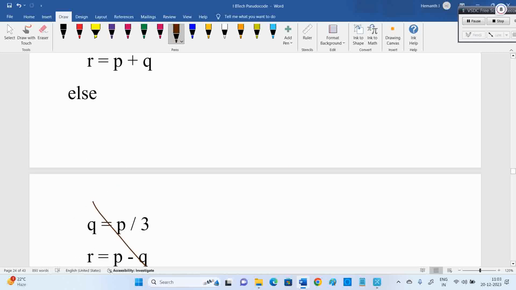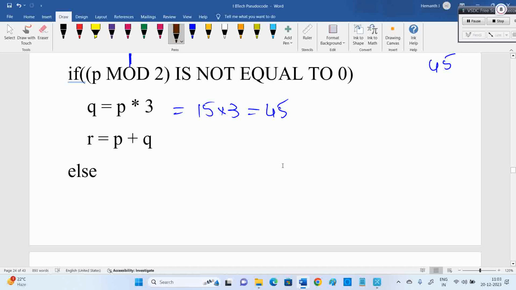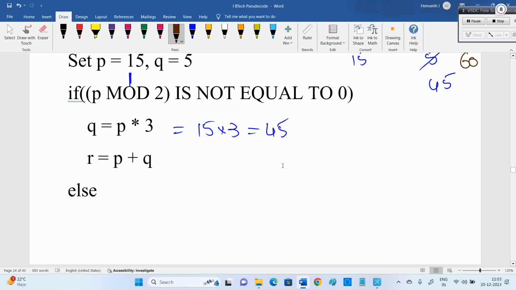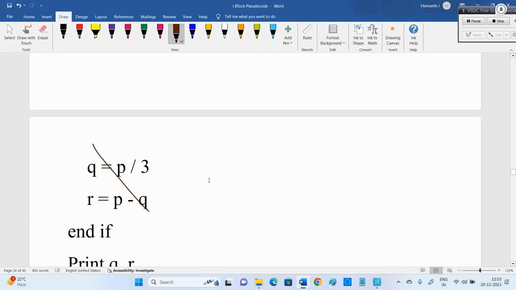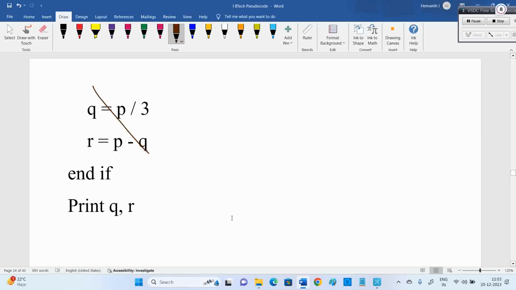Because you already entered into if. Why are you entering into the else condition? Some people are blindly doing it: sir, P is 15, Q is 45, R is 60. Now they are doing the next step, P divided by 3. Okay, 15 divided by 3, they keep doing that. No. Once you enter the if, don't enter the else. The question is simple. Print Q. What is the Q value?